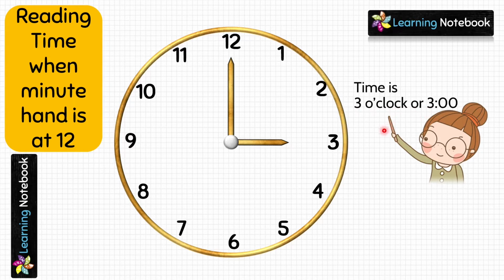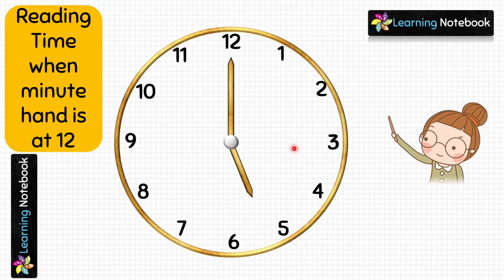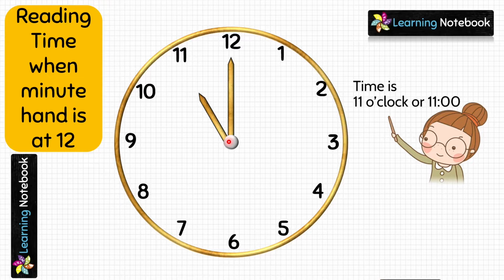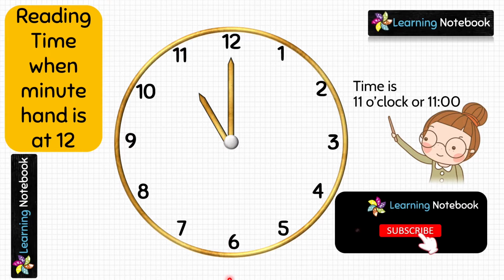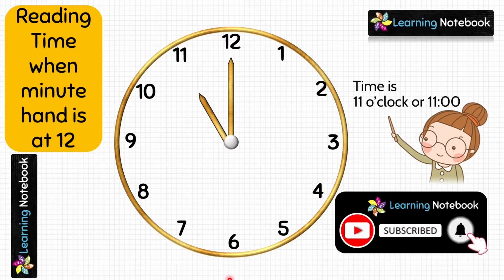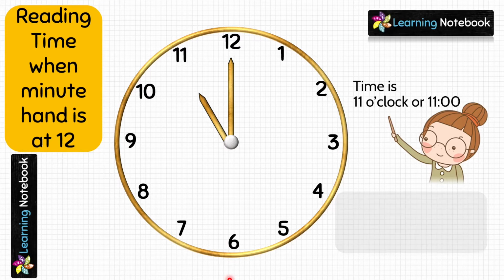Let me move the hour hand to 11 this time. Now can you tell me the time being shown here? Yes, this time is 11 o'clock or 11. So this is how we read time when minute hand is at 12.